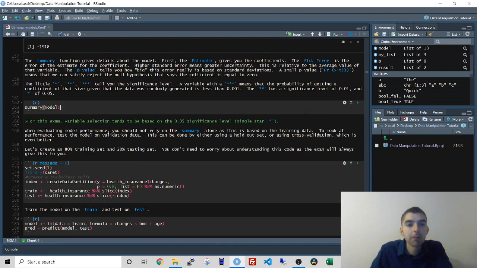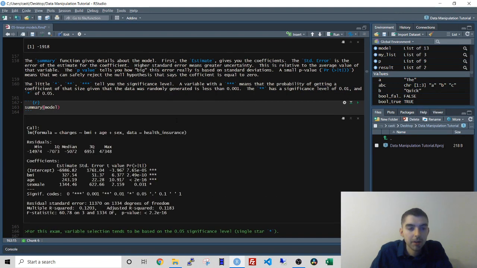If I want to know how the model did, I use the summary function. This will give me statistical insight. This tells me about the residuals, the coefficients, as well as some other statistics. So the most important things to look at here are the estimates of the coefficients. You can see the estimate of BMI is 327, and age, and so forth. And also the p-values.